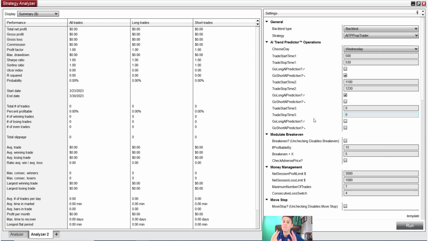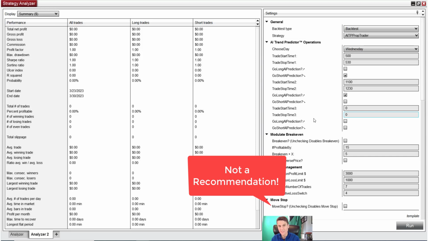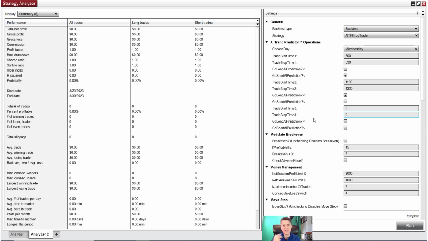All right? Now remember, we're saying be aggressive. This is NQ. You have to know in every trade that you make, you have to know where you're at. Okay? That means you have to know if this is the UFC, or if this is a boxing ring, or if this is the wrestling mat. You have to know which sport it is, okay? Then you can play that sport, okay?